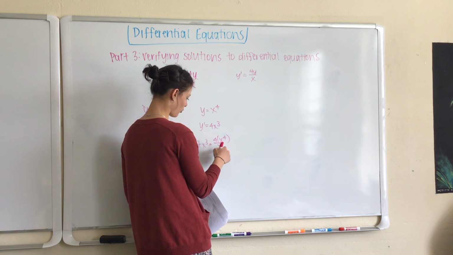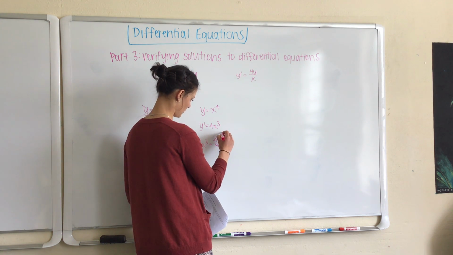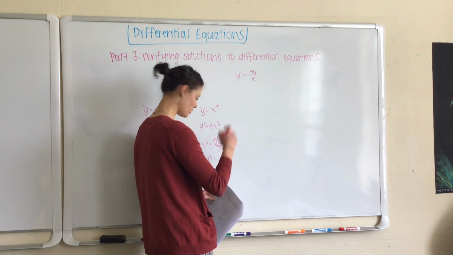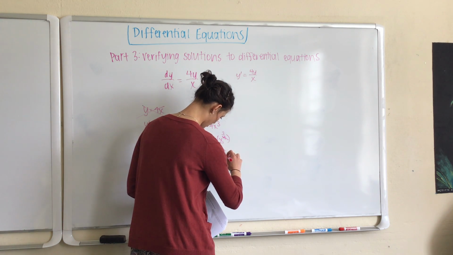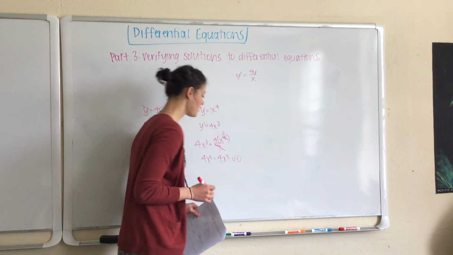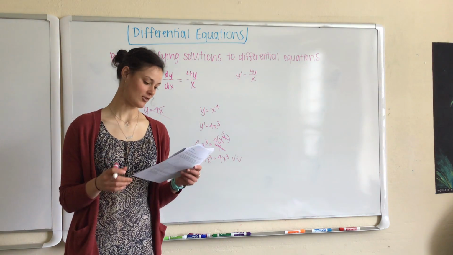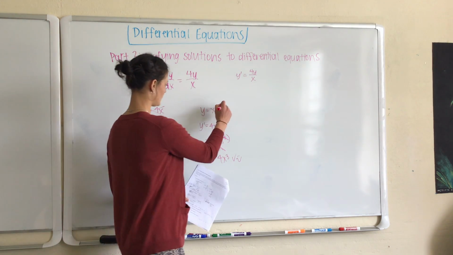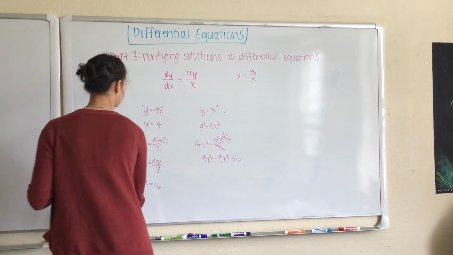So then we have x to the 4th divided by x. Cancel, this becomes a 3. So then we have 4x cubed is equal to, would you look at that? 4x cubed equals 4x cubed. Check. Smiley face. That is, in fact, a solution to the given differential equation. Yay. All right, let's do some more.